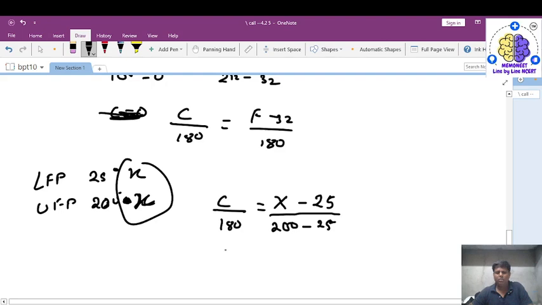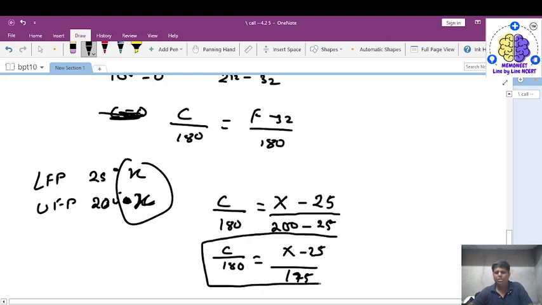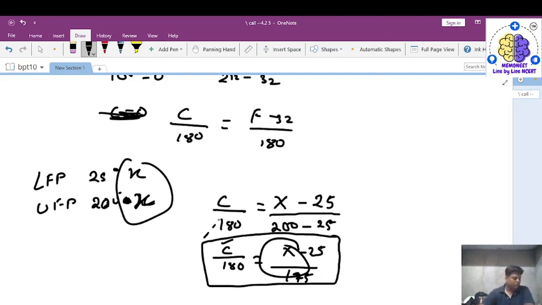So the conversion formula will be C upon 100 equals X minus 25 upon 175, right? Using this expression, we can easily convert the temperature given in degrees centigrade to a new scale X. So this is how we can convert temperature from one scale to another.